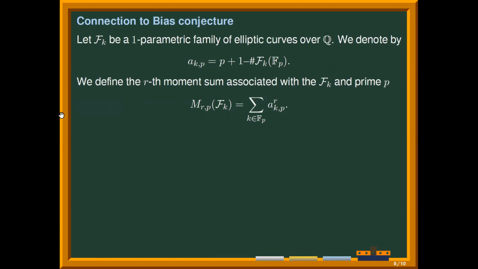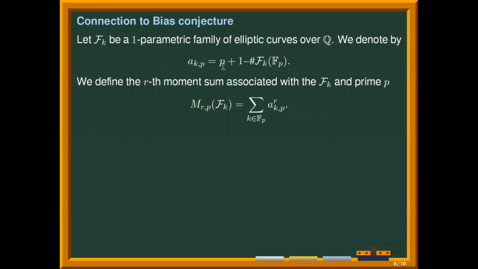Let f_k be a one-parameter family of elliptic curves over Q, which means we already defined our elliptic curves, namely y squared equals f(x), where f(x) is a degree 3 polynomial. By a one-parameter family, I mean that f(x) has the parameter k in its coefficients, so whatever k value you plug in, you get an elliptic curve over Q. We denote by a_k(p) the trace of Frobenius.